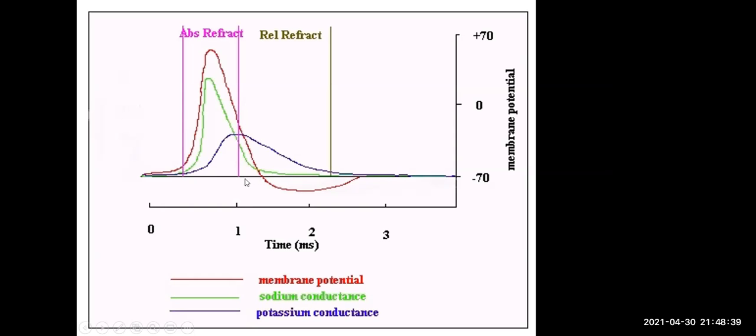So during this state, if you apply the second stimulus, say the imaginary line is where the absolute refractory period ends, and below that you can see the relative refractory period. During this time, if you apply a stronger stimulus or suprathreshold stimulus, then you can obtain a second action potential.